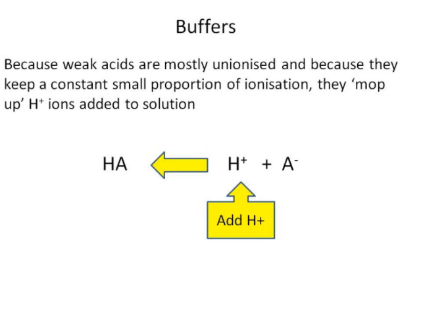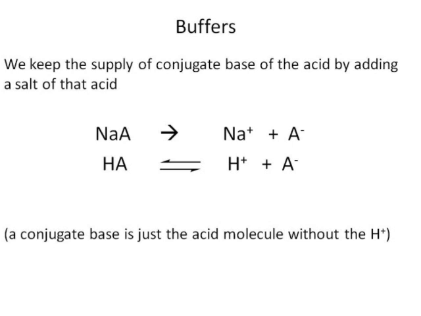In other words, according to Le Chatelier's principle, the equilibrium will shift further to the left. Now, this means that the hydrogen ion concentration will not change, but there's a limit to how much we can do that because there isn't very much conjugate base, because the acid isn't very ionized.